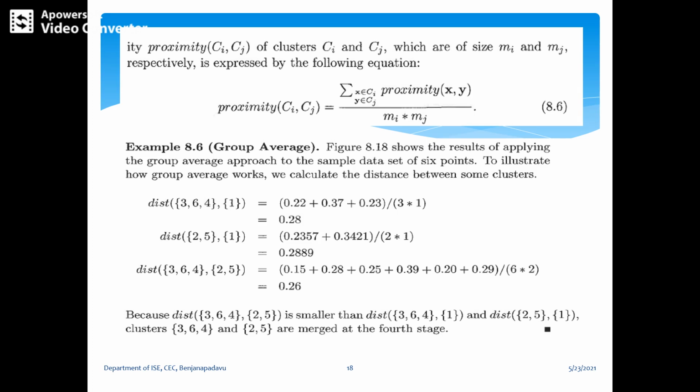The basic point is defining the proximity between clusters: one is single link, minimum; another is complete link, maximum; and another one is the group average. So this is the complete basic agglomerative hierarchical clustering algorithm.